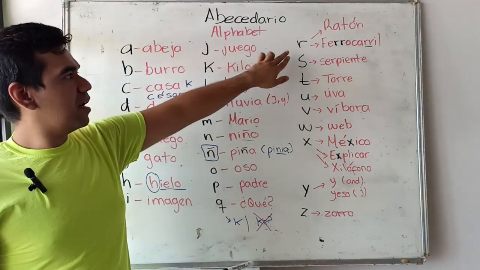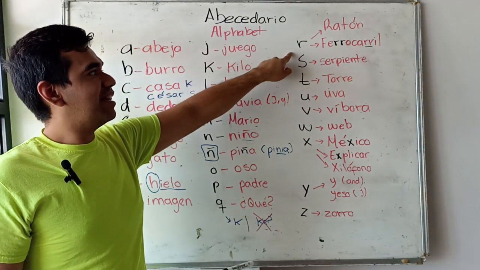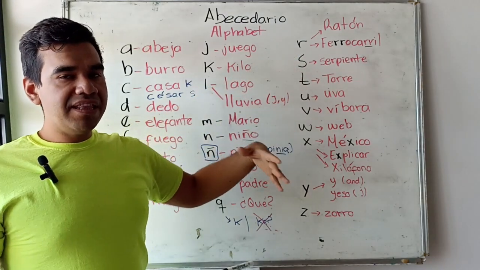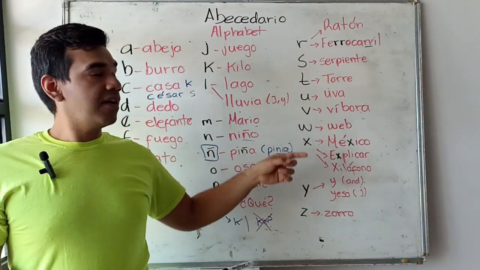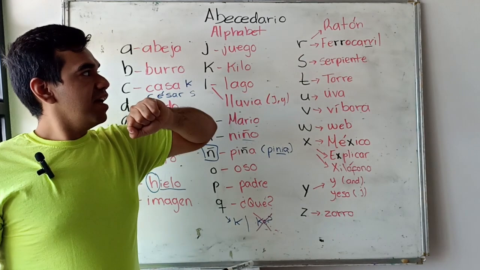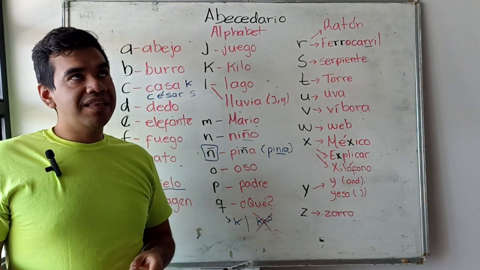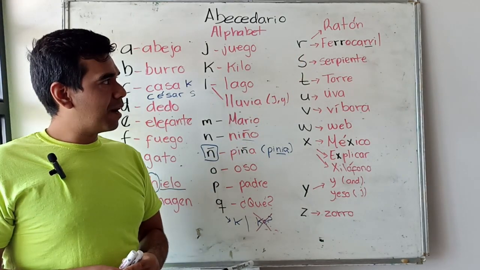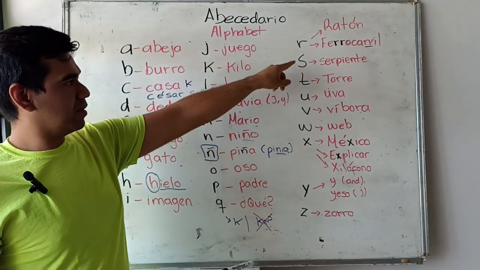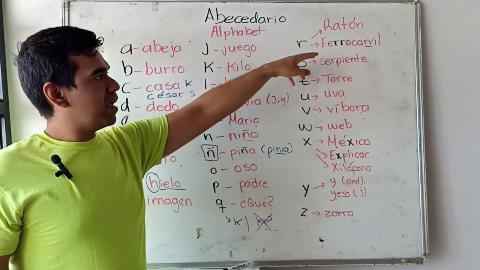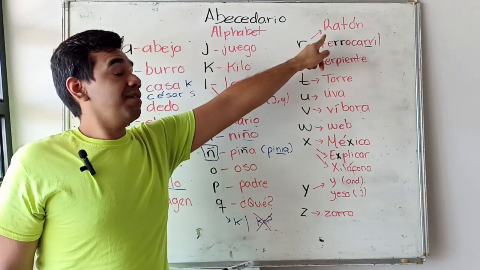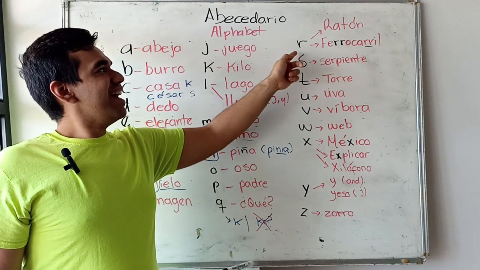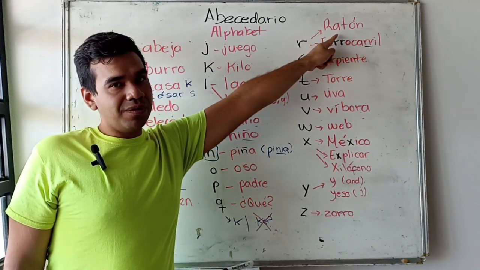So now the letter R, la letra R. In Spanish, depending on the position of the letter R, it's going to sound different. Let's begin with ratón. It's at the beginning, so it sounds like it sounds. R, ratón.